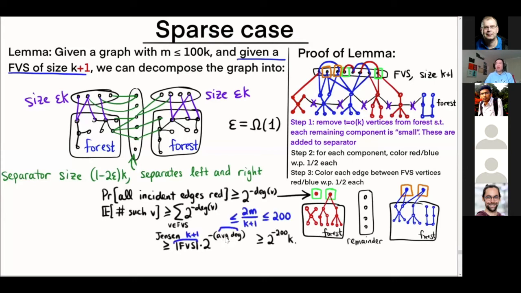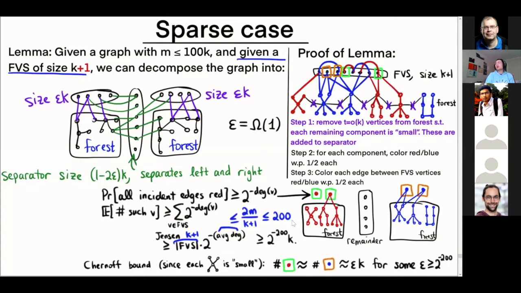Now here we're using the fact that the average degree of the vertices inside the FES is at most 2m, the total number of edges in the graph, divided by k plus 1, which is at most 200. So this is a constant. This gives us a constant times k, where we'll just be setting this epsilon to be this very small constant.